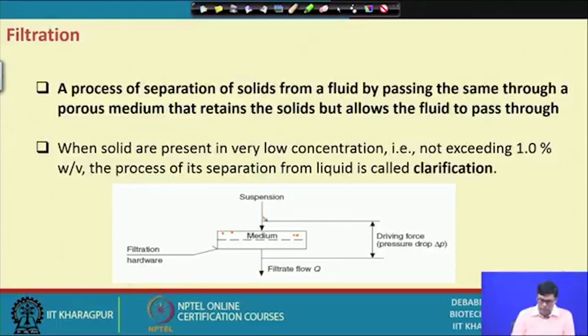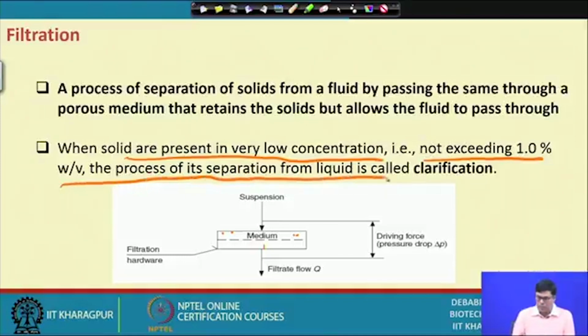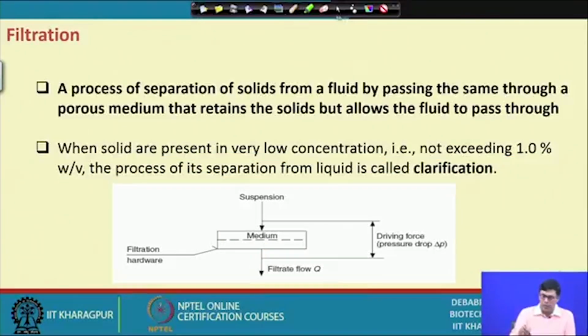Here we sometimes use pressure, so that the rate of flux of the liquid increases and we get more filtered flow. When the solid is present in very low concentration, not exceeding 1% weight by volume, the process of separation of the liquid is called clarification. So clarification basically deals with the separation of the solid from the liquid.